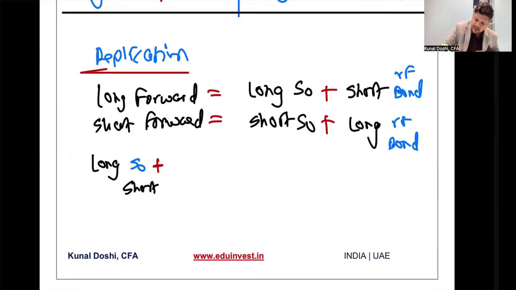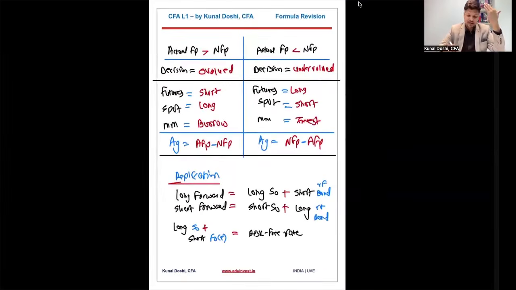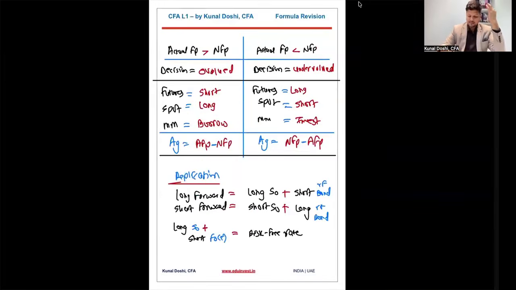Short the forward of the same asset. The difference between both is due to risk free. So my return will be equal to risk free rate. Throughout the derivatives, what is the difference between price today and price later? It is due to risk-free rate. Am I clear? Risk-free rate.